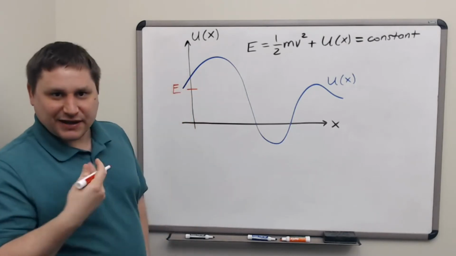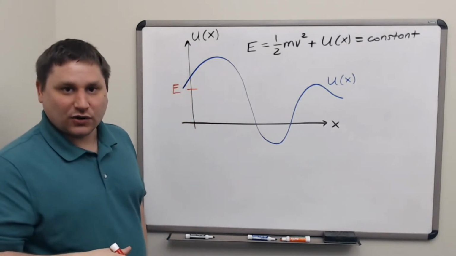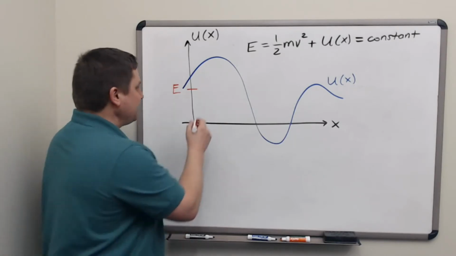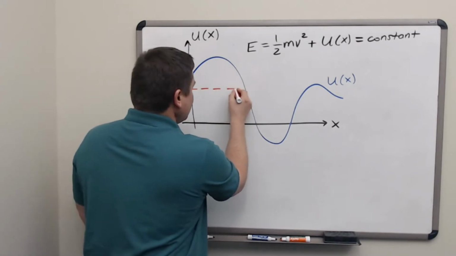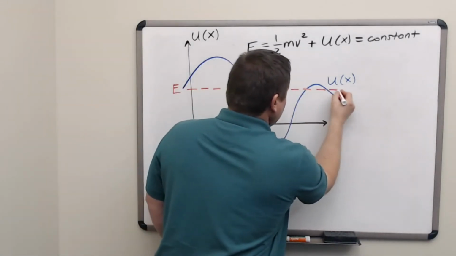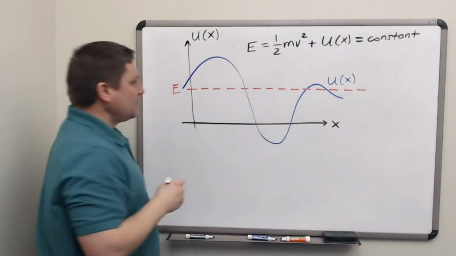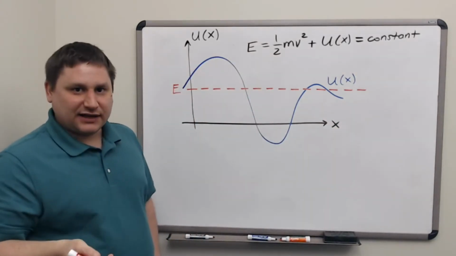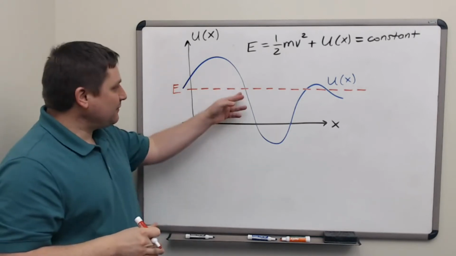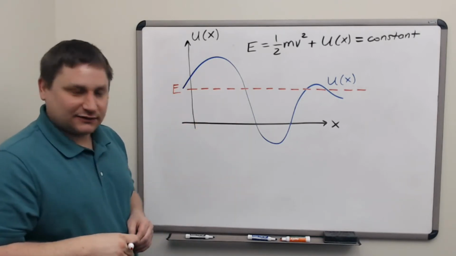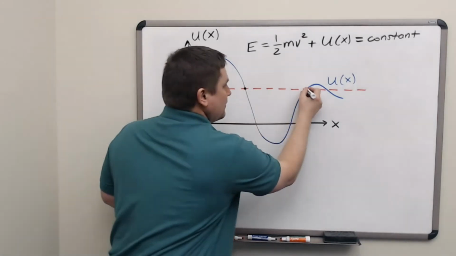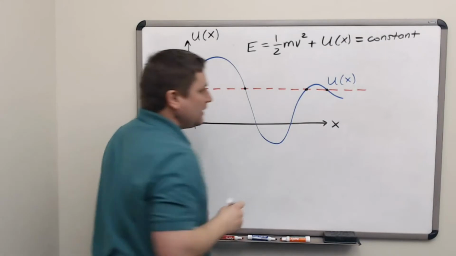In red, let's pick a certain value of the total energy E and draw across a horizontal dashed line. Notice that there are several places where this horizontal dashed line intersects the potential energy curve in blue. Let's mark those and discuss them a bit.